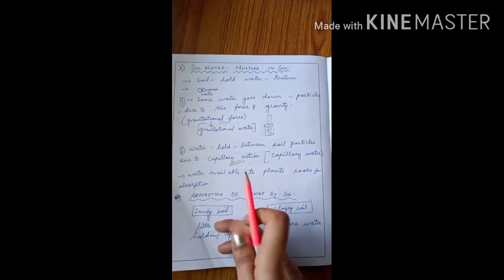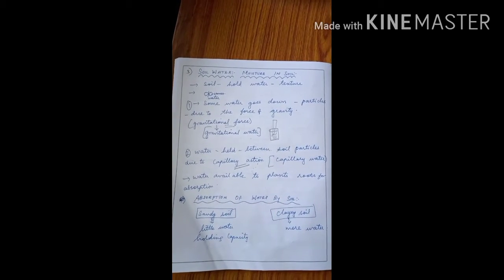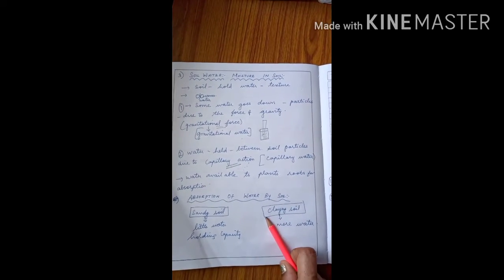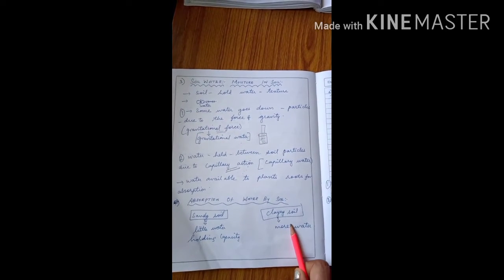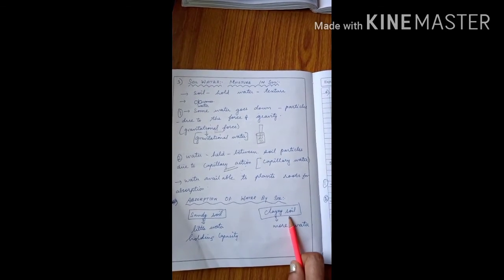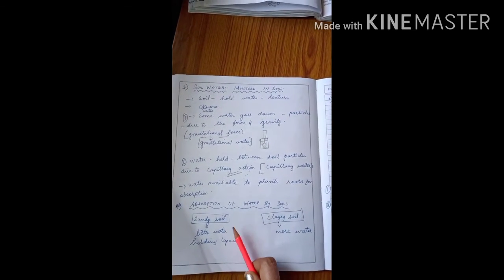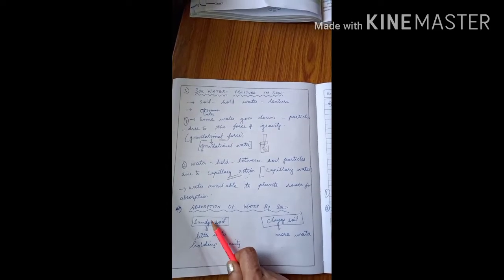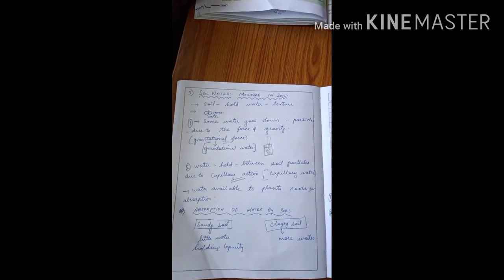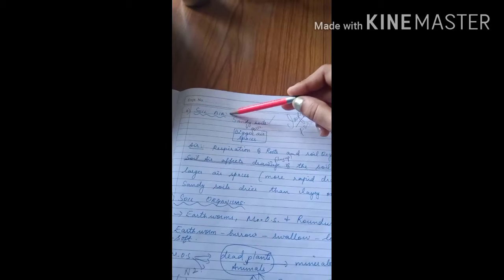Next one, absorption of water by soil. We all know that clayey soil absorbs and retains more water because of its fine particles, whereas sandy soil has pores and its water holding capacity is very low when compared to clayey soil. Soil air.